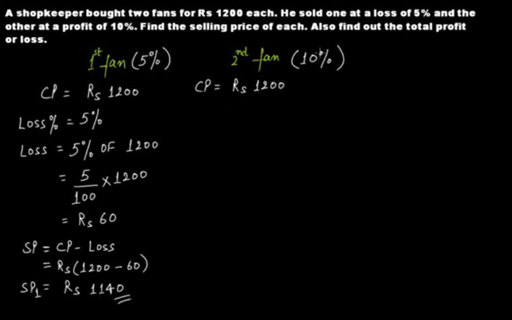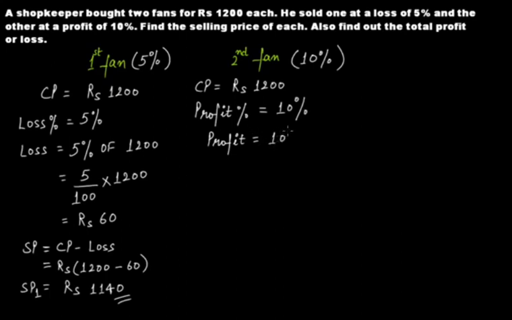In this case, you sell it at a profit of 10%. Now the profit percentage is, in this case, 10%. Okay, so what's the profit that you actually make when you sell this fan at a profit of 10%? So the profit will be, remember, we always calculate the profit and loss on cost price.